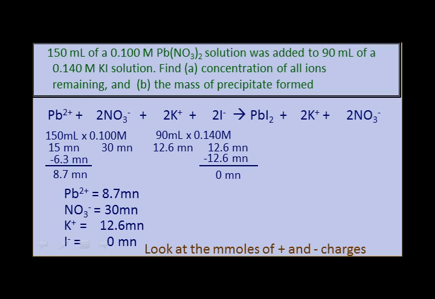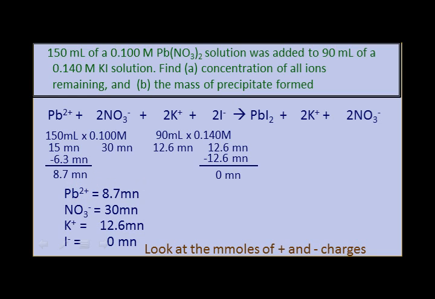And there's a trick, and that is look at the number of millimoles of positive and negative charges. Let's add them up. Well, we have 8.7 millimoles of plumbous ion right here at +2 charge each.